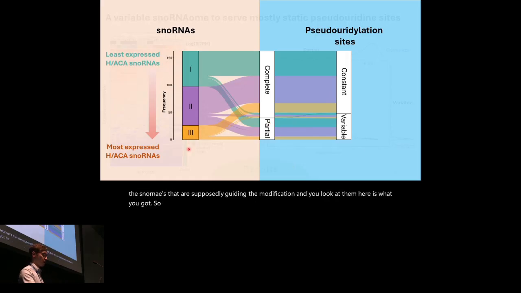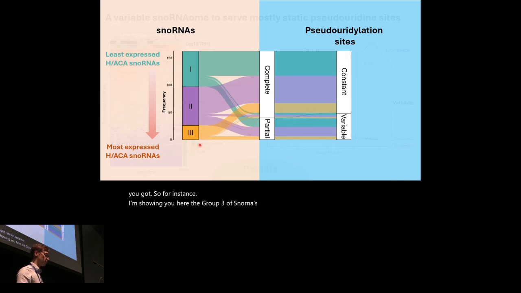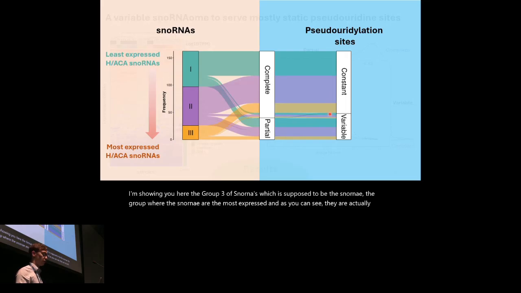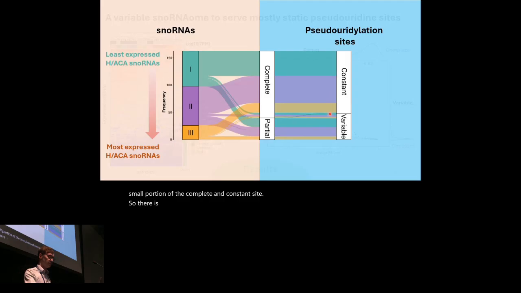For instance, I'm showing you here group 3 of snoRNAs, the group where the snoRNAs are the most expressed. And as you can see, they are actually modifying only a small portion of the complete and constant sites. So there is something missing in the connection here.